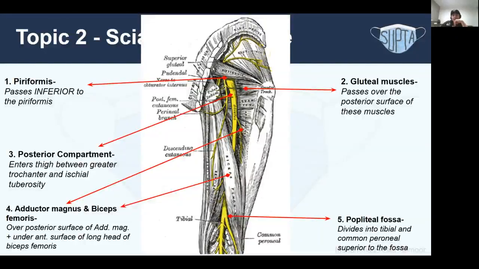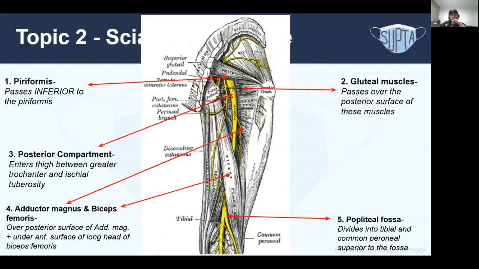The superior gluteal nerve is an exception in that it goes above, but you should know what goes under and what goes above relative to the name of the nerve. So superior gluteal, that's superior, so above, and then you've got the sciatic nerve going through the foramen, underneath the piriformis, and then it passes over these muscles, the gluteus medius and minimus.